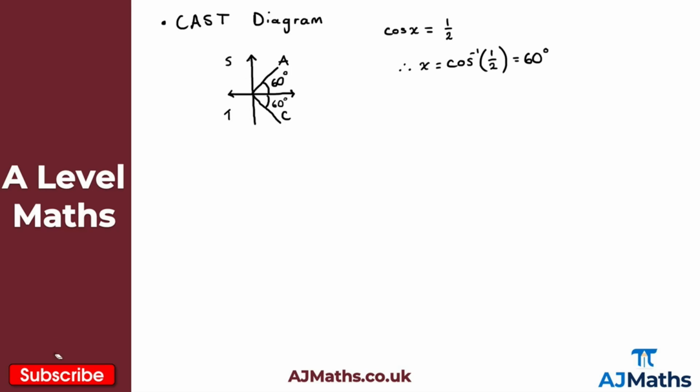So let's get rid of those. Now with the cast diagram, like we said, we start at this line and we keep going round. My first solution, we start here and touch this line, that's 60 degrees. We already know that, that's our principal solution. However, how do I get my next solution? Let me do this in a different color, let's do it in orange. Again, we start at this line and we go around and keep going until we touch this line here.